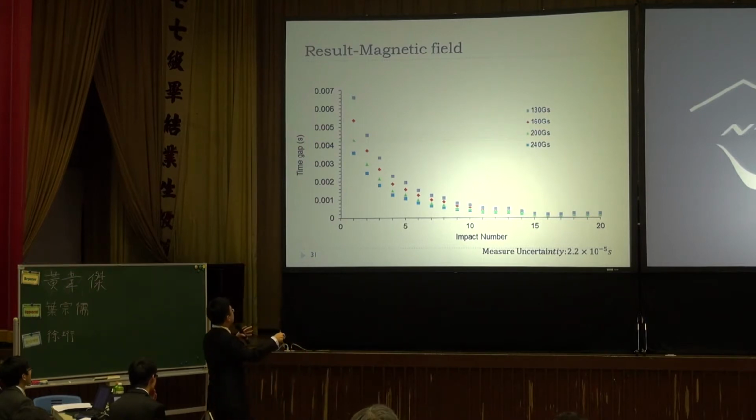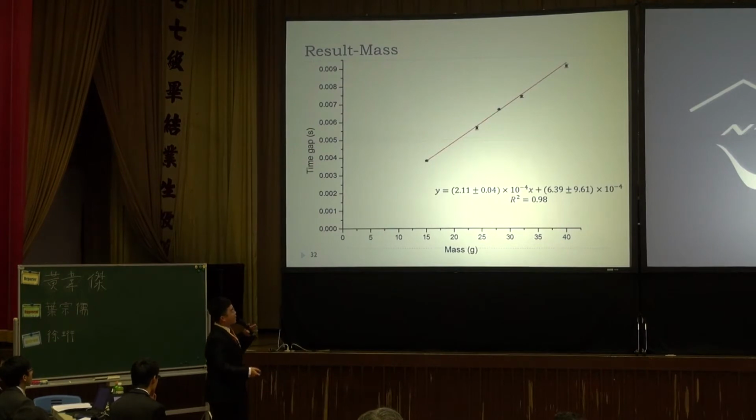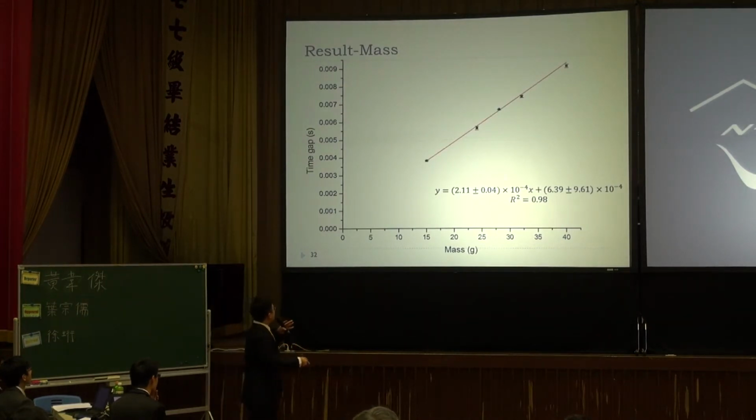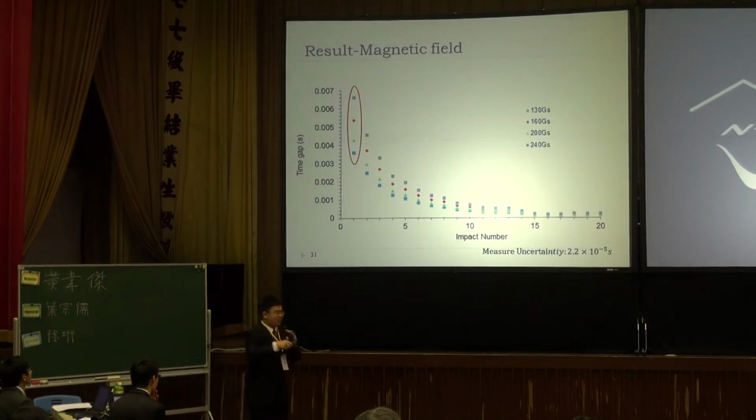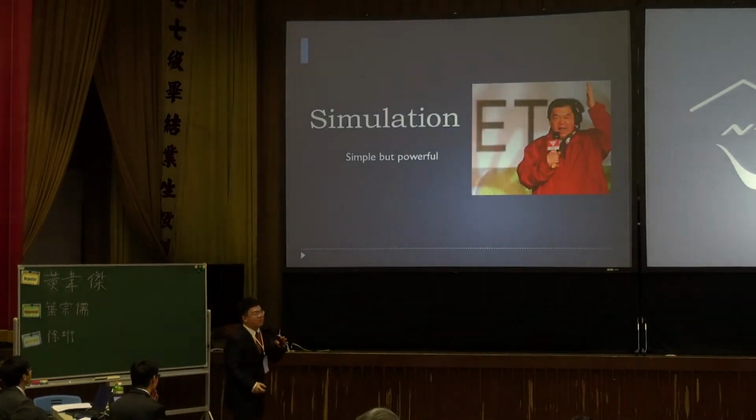As you can see, when the force is bigger, the time gap is bigger, which corresponds to our theory. And what about the mass? As you can see, when the mass is bigger, the time gap is bigger too. Oh, sorry, I explained the inverse relationship here. It should be the other way. I'm sorry.